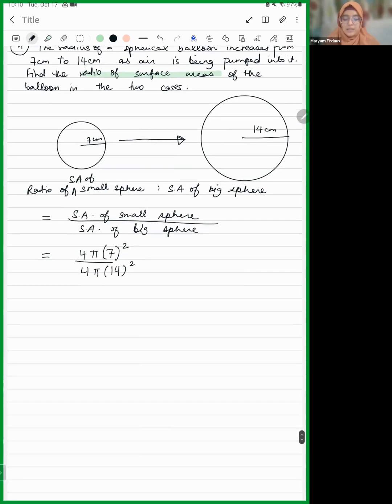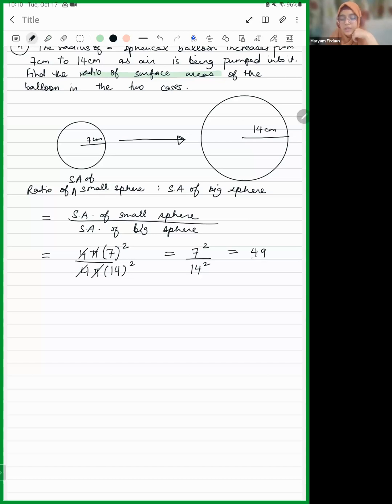14 squared. Now see, this 4 and this 4 will get cancelled. This pi and this pi will get cancelled. What are we left with? We are left with 7 squared by 14 squared. And that is how much? What is 7 squared? Avni, what is 7 squared? 49.